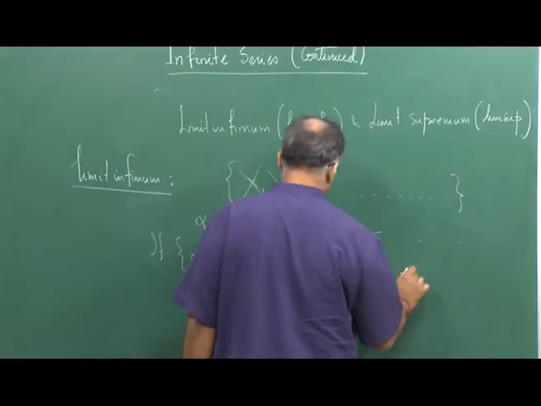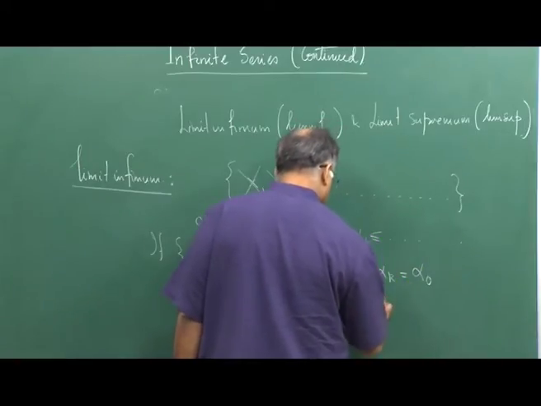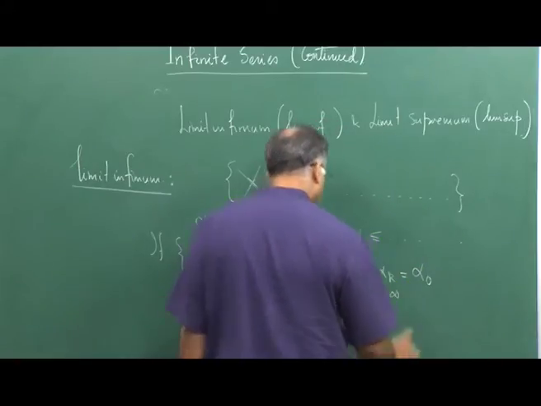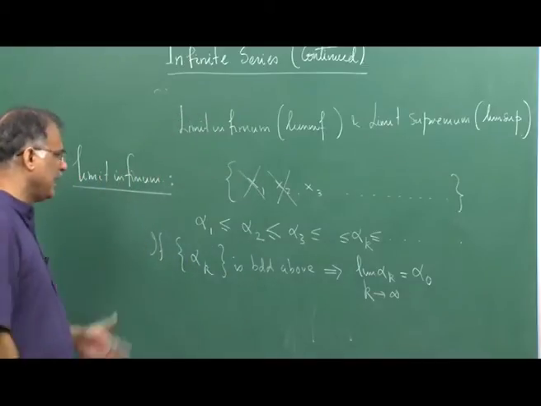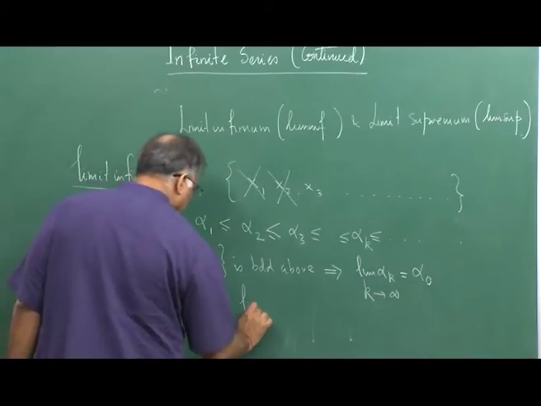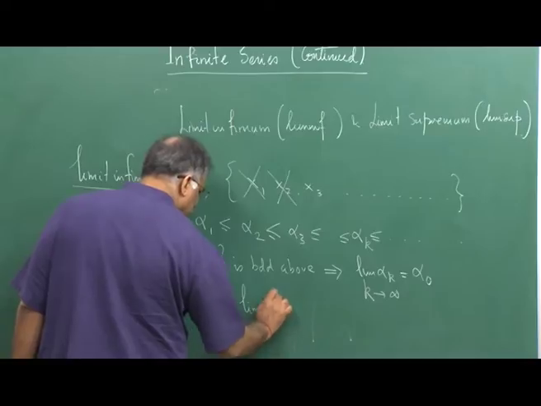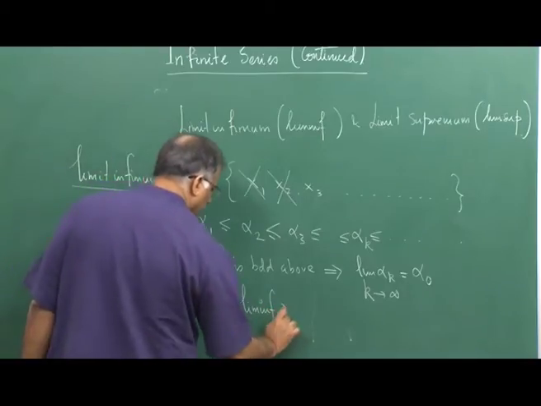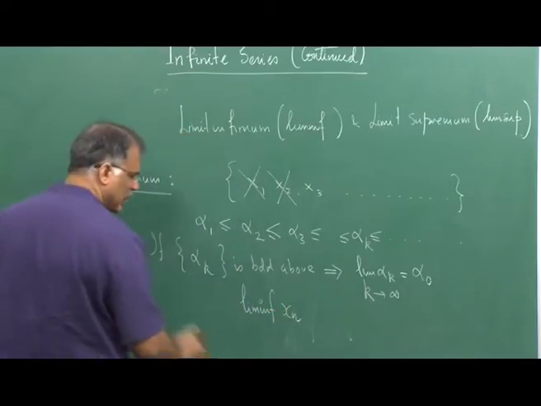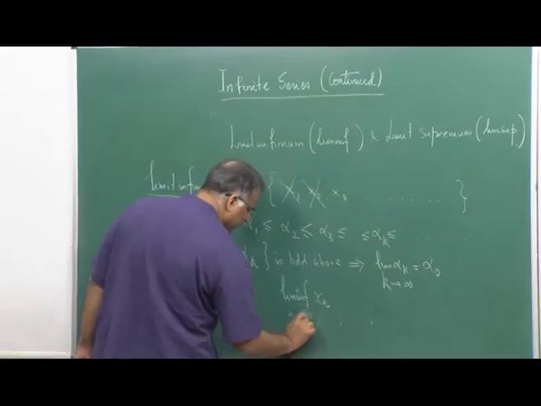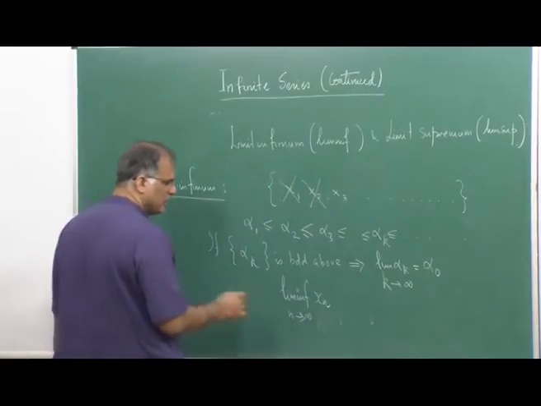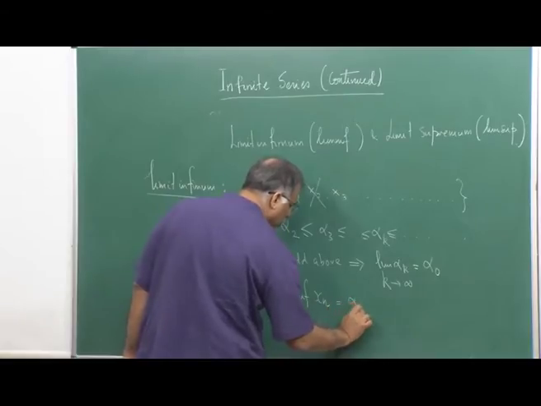Let us call it alpha naught. And then in this case I will say that the limit infimum of x_n as n tends to infinity is equal to alpha naught.